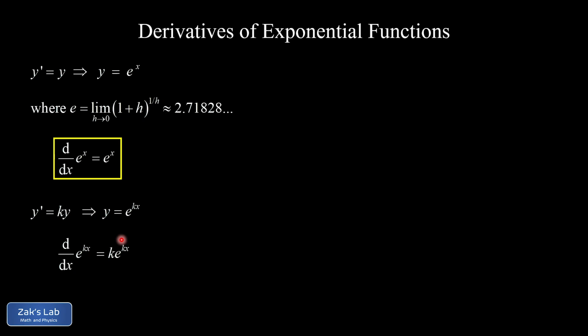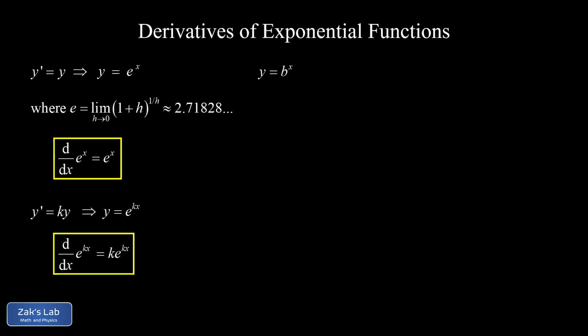The derivative of e to the kx with respect to kx is just e to the kx, but then the chain rule says we have to take the derivative of the inner function and tack on that factor. The derivative of kx is just k, so that's tacked on out in front. Now what we're looking at is k times the original function. So e to the kx satisfies the equation y prime equals k times y. So there's the derivative of a natural exponential function combined with the chain rule.